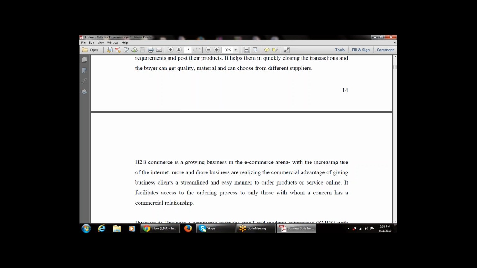It also facilitates, that is, it provides access to the ordering process to only those with whom a concern has a commercial relationship.